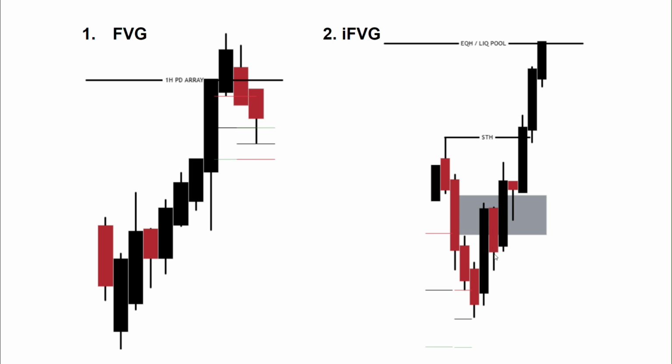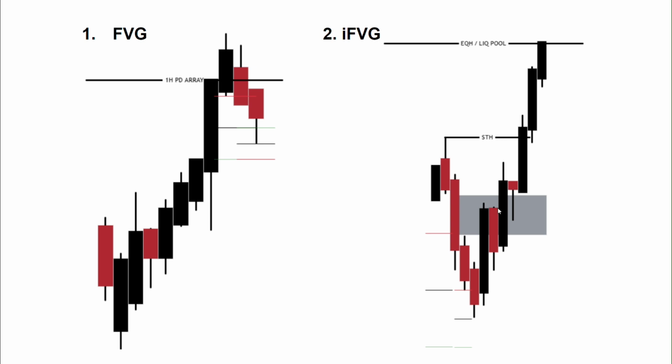But in this candle, I'm predicting the inversion fair value gap because price closed above the consequent encroachment. Now I'm seeing this as being a change in state of delivery. So if price is able to close above this and retrace right back into the high, the open of this candle, I'm willing to purchase right here for a target of my short-term high.